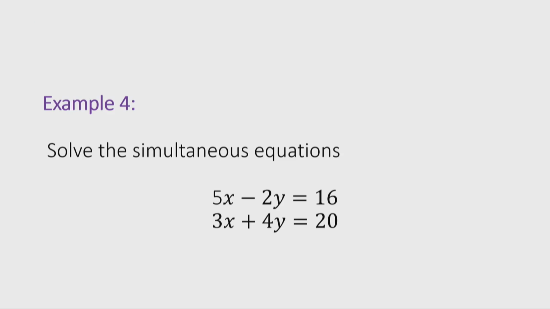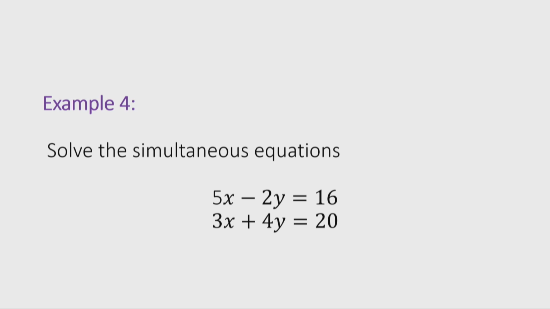So here we have 5x minus 2y equal to 16 and 3x plus 4y equal to 20. We can see that the coefficient of x is 5 in the first equation and the coefficient of x is 3 in the second equation. We do not have the same coefficient.